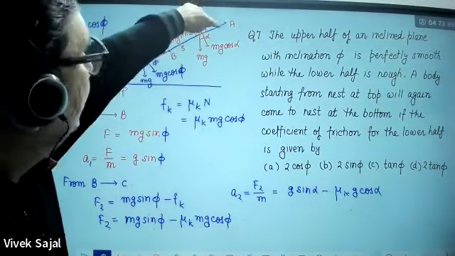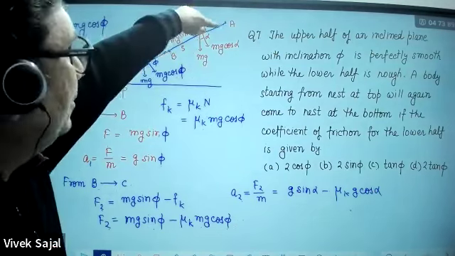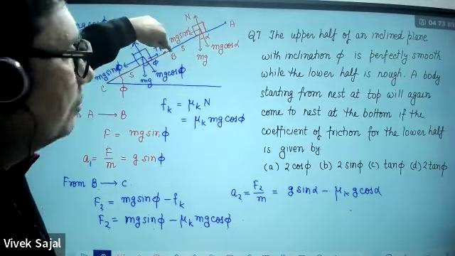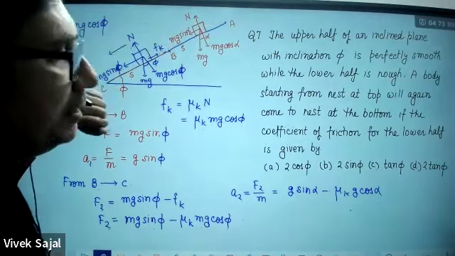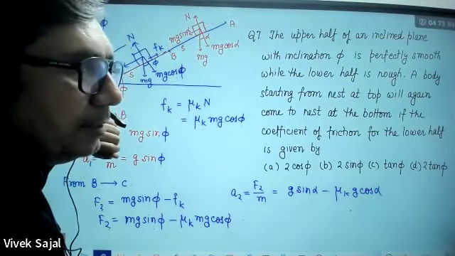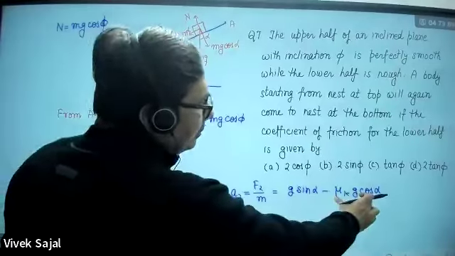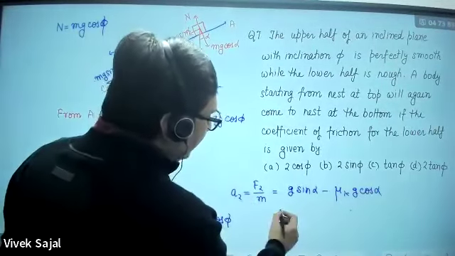Try to understand from here to here. This will be the accelerating zone, and from B to C, this will be a deaccelerating zone. If the deaccelerating zone is there, then this will be the greater one.